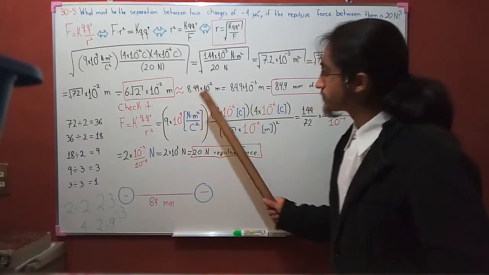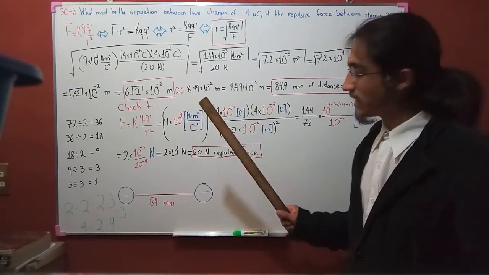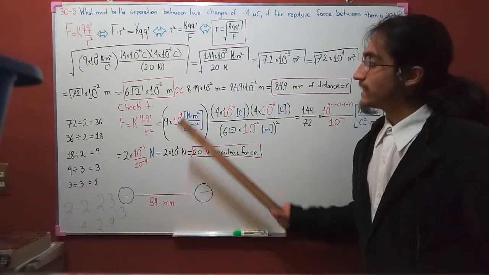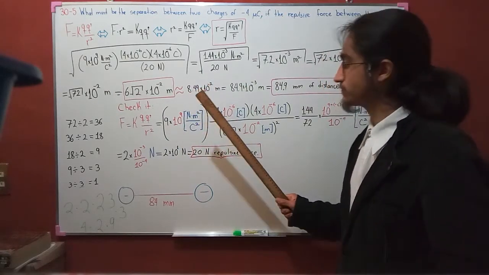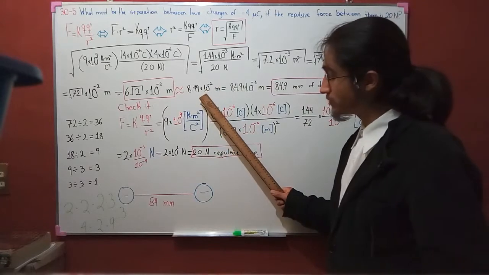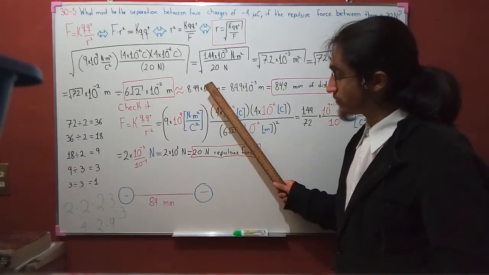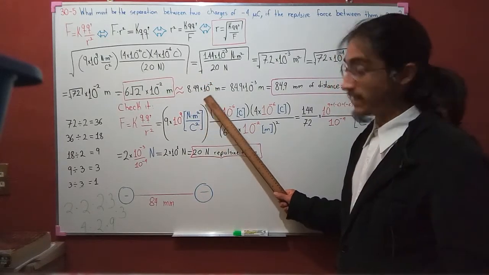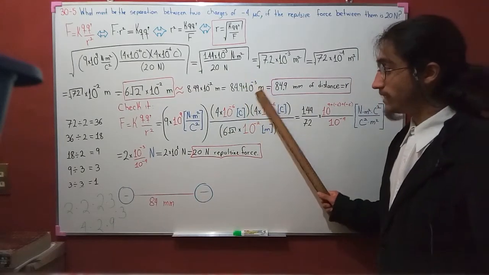Because 8.49 multiplied by 10 is 84.9. But if I multiply this number by 10, I also have to divide this number by 10. So 10 raised to the power of negative 2 divided by 10 is equal to 10 raised to the power of negative 3 meters.